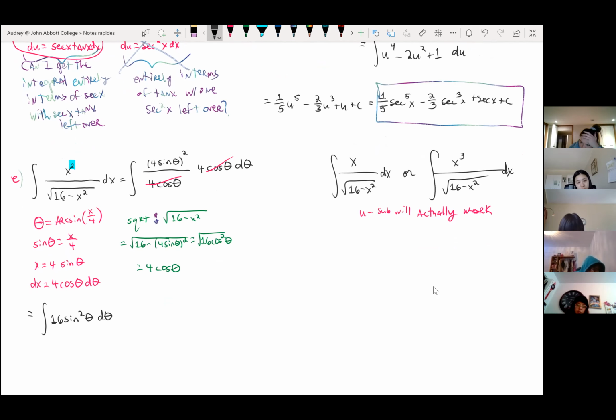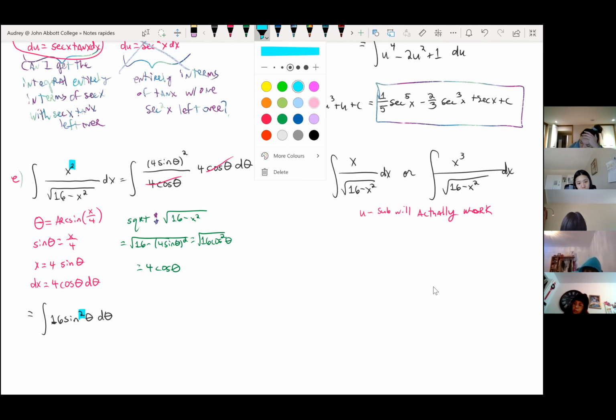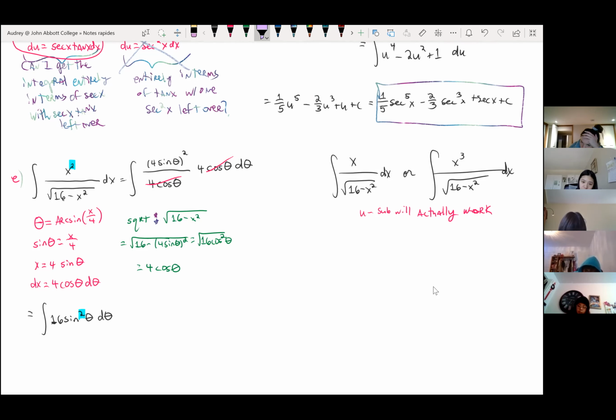Okay. Good. So now that we have this even power here, we're not able to do the same thing that we were doing with the tangent secant one. We're not able to say, oh, I can pull a factor of sine out and write everything in terms of cosine, or I can pull a factor of cosine out and write everything in terms of sine. So instead, I have to use my half angle identity, or my double angle, I can't remember.